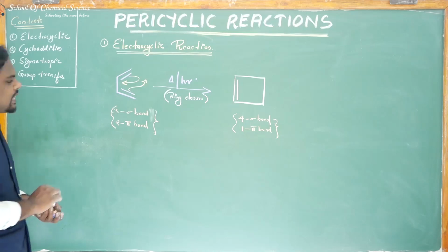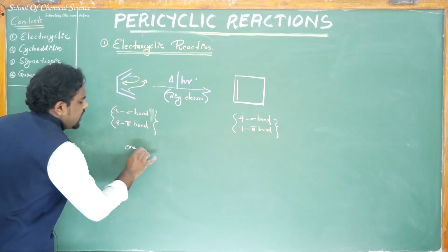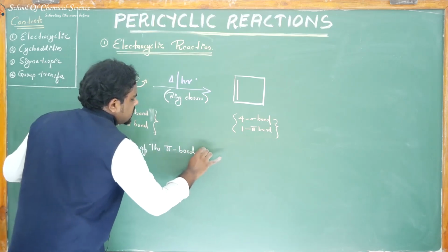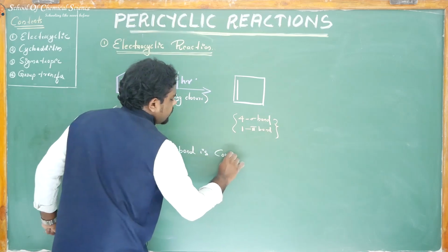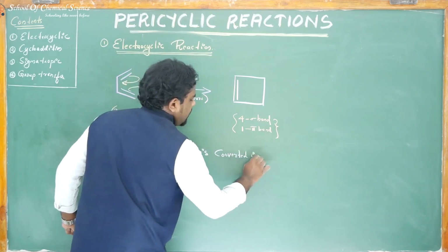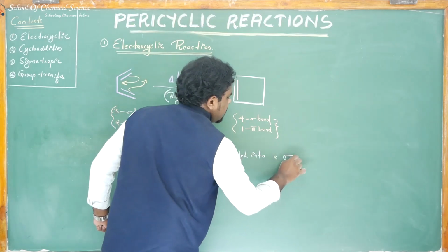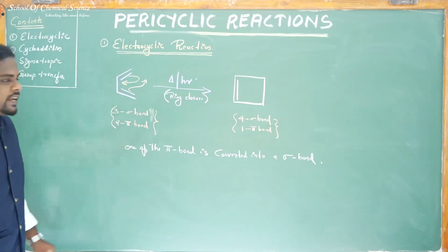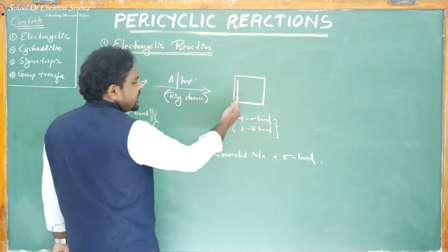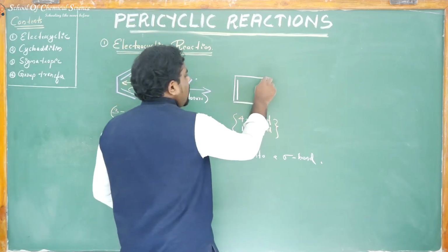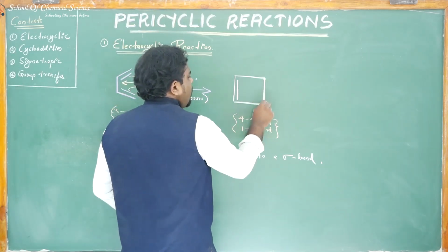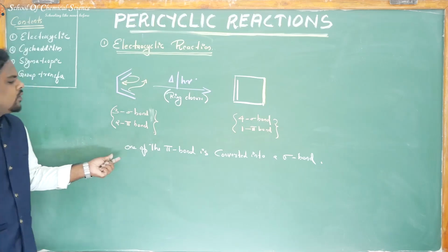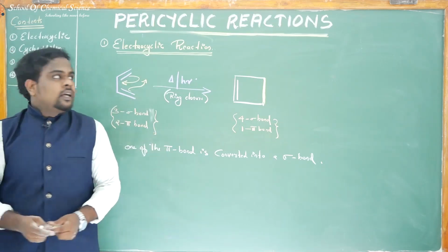As a result of this pericyclic reaction, one of the pi bonds is converted into a sigma bond. Here two pi bonds are there, but in the product there is only one pi bond. This is the newly formed sigma bond. So one sigma bond is formed at the cost of one pi bond.